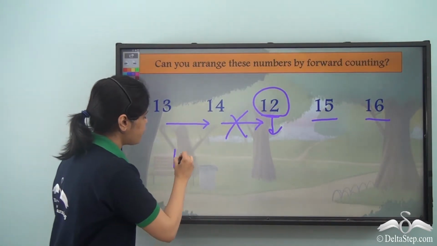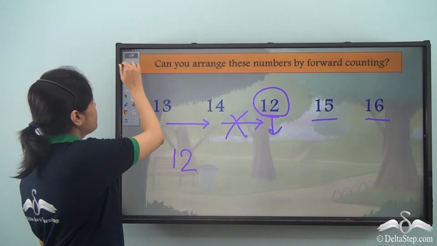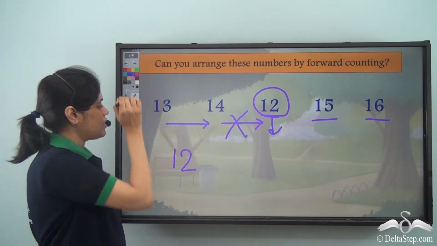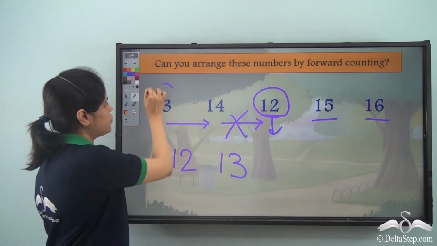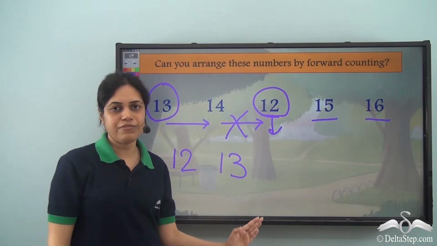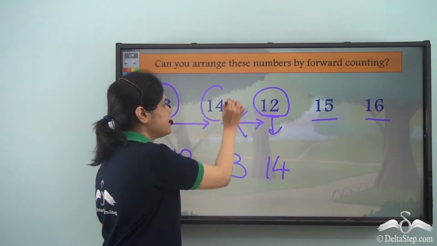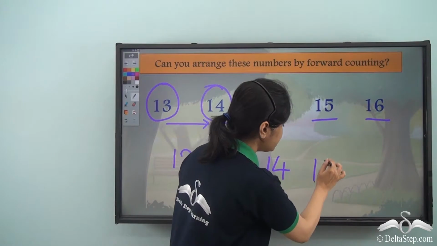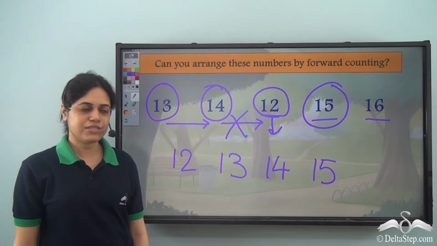So we start our forward counting with 12. Now we go on to the next number. We have already covered 12. After 12, we have 13. So 13 is covered. After 13, which number do we have? Well, we have 14. So 14 is covered. After 14, if we move one step ahead, we get 15, which is this.